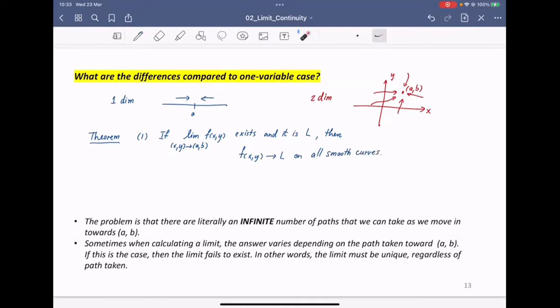Which means if you know that the limit is equal to L, then for any line that approaches (a,b), the limit is going to be L as well.